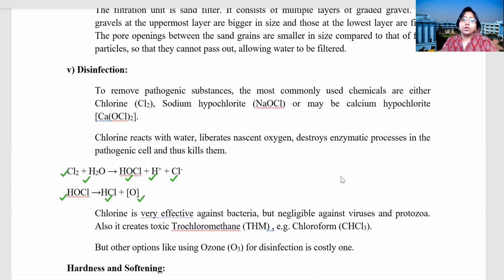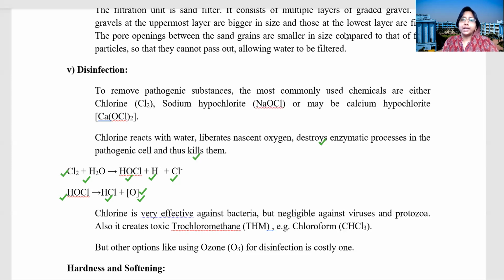First chlorine reacts with H2O and ultimately we get nascent oxygen, which is highly reactive and attacks the enzymatic part of the microorganisms, that means the pathogens, and destroys them. So it destroys the enzymatic process in the pathogenic cell and thus kills them. That is the basic principle of how chlorine works.